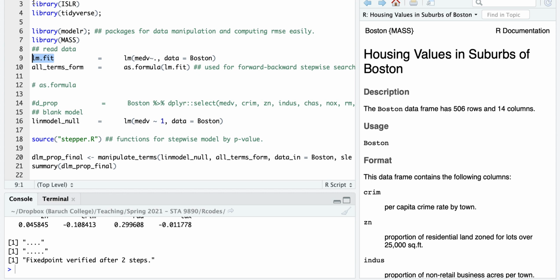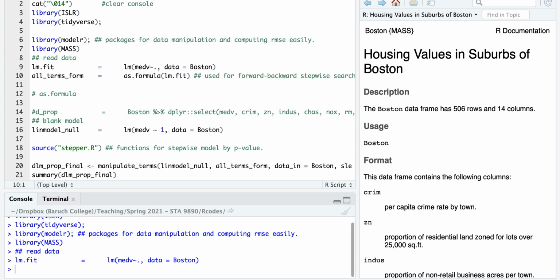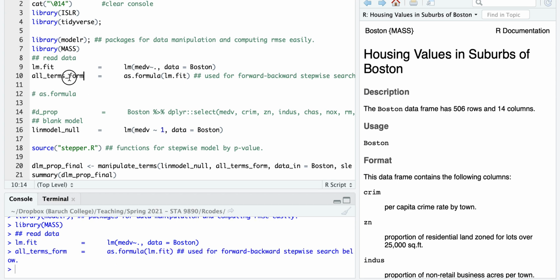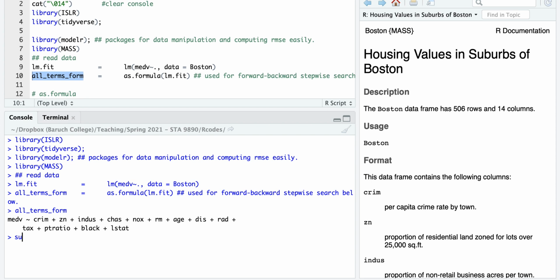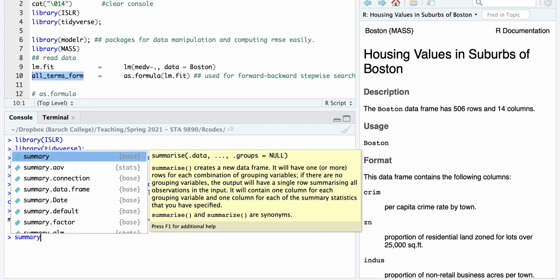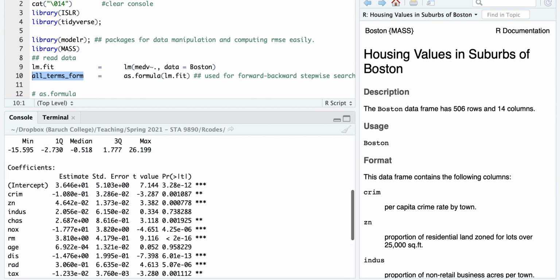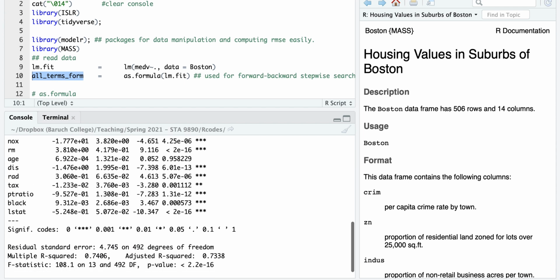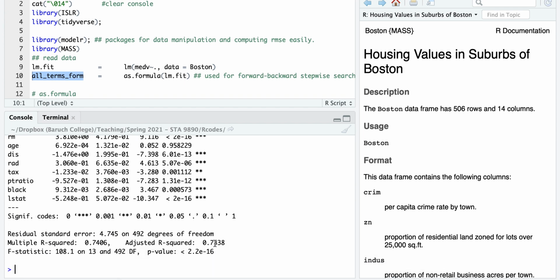And then we just capture the formula because we're going to use it later. Let's look at the summary of the fit. So the R square is 0.74.